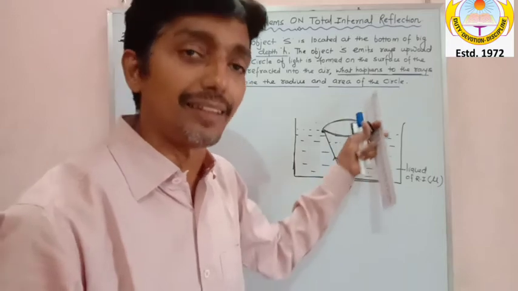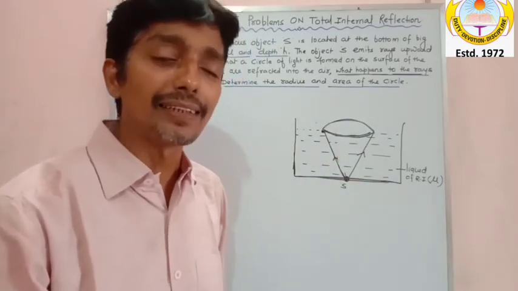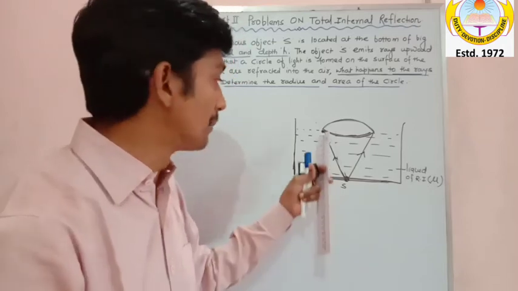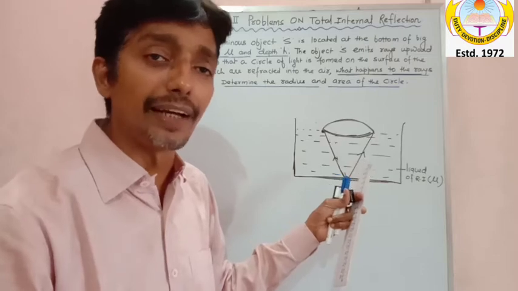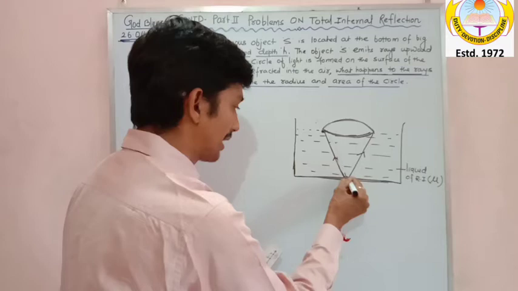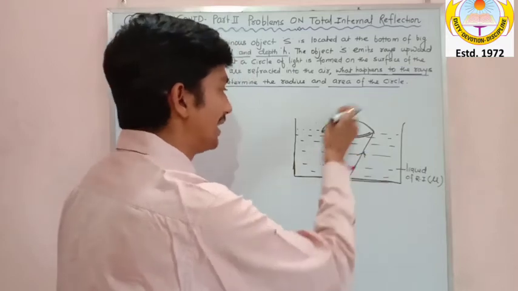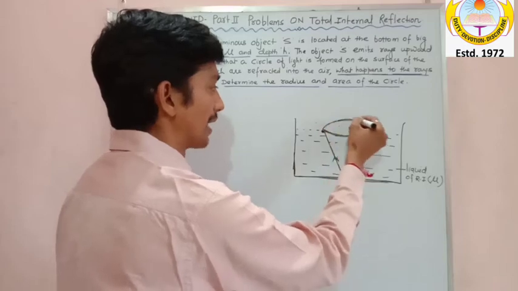Total internal reflection takes place only when i becomes greater than IC. But as long as i was less than IC, the rays from point source S refract into air, and they form the circle.